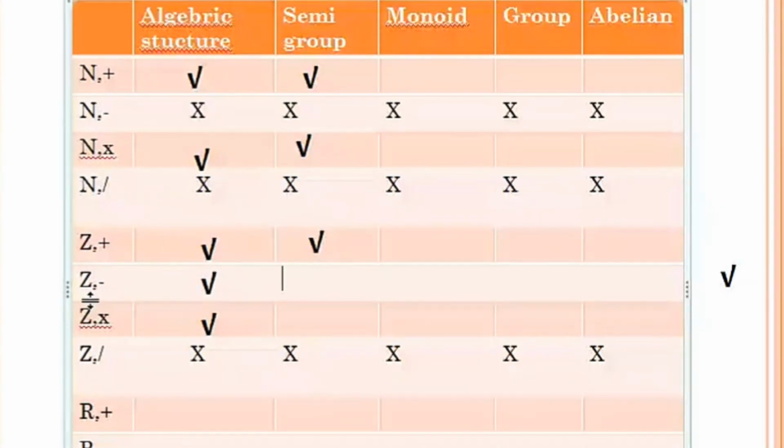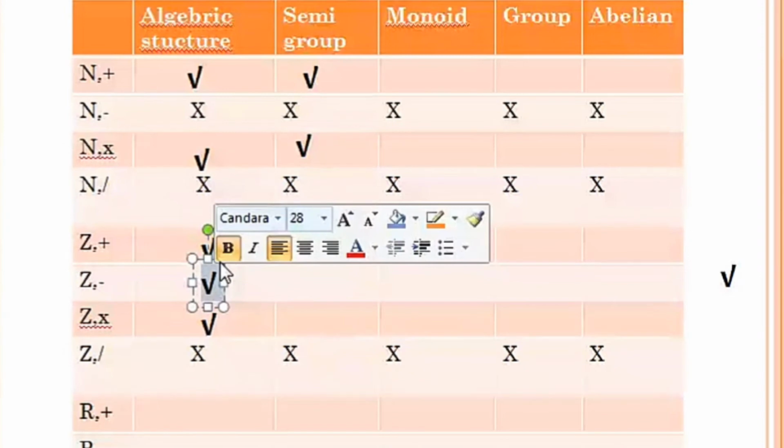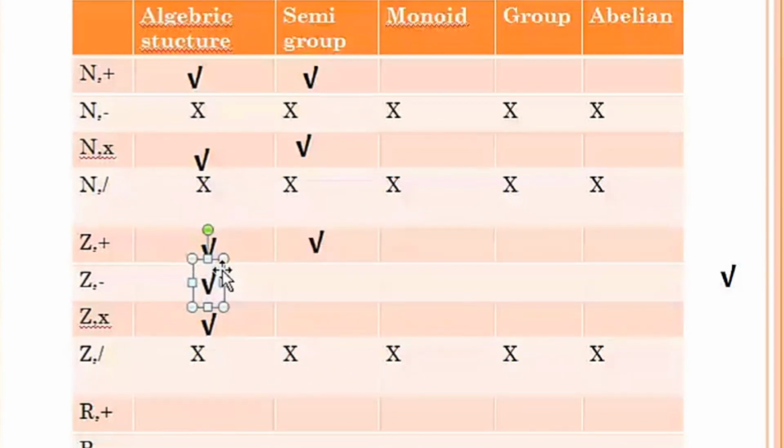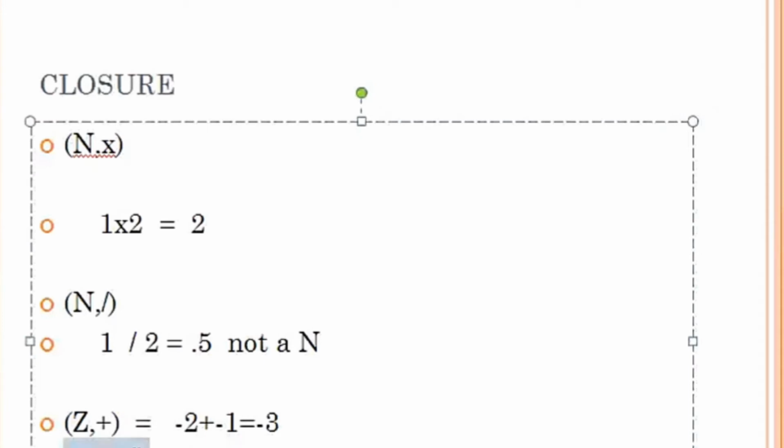With respect to subtraction, integers with respect to subtraction, did we say abelian structure? No, it was not, right? As much as I remember, we saw closure property with respect to division, but subtraction we have not seen, I feel.